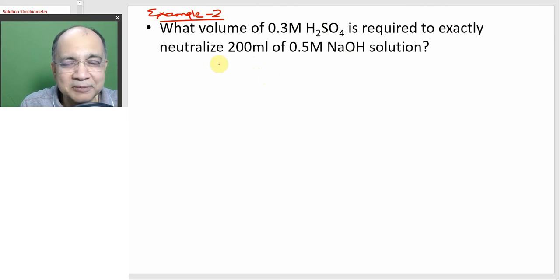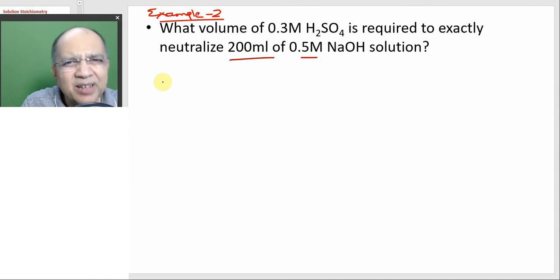These are all molar. Now, you attack the reagent whose both data are given, volume data and molarity data. You first attack that. Find the amount by multiplying these two.